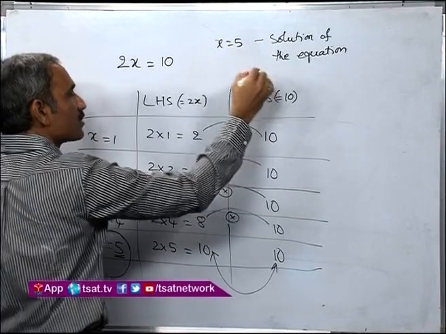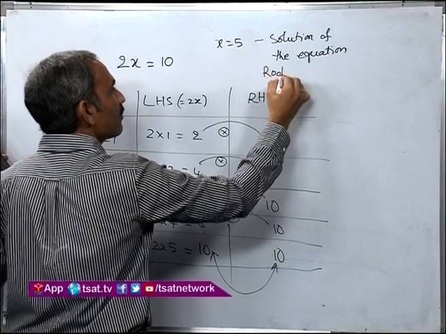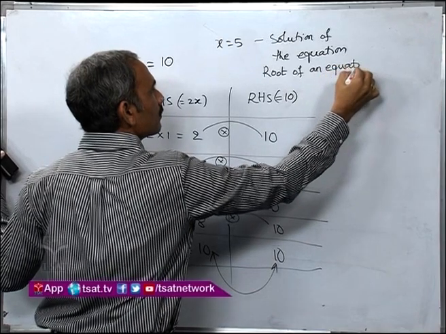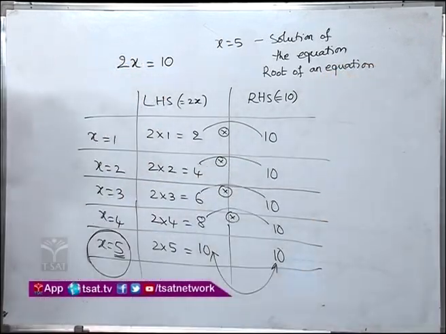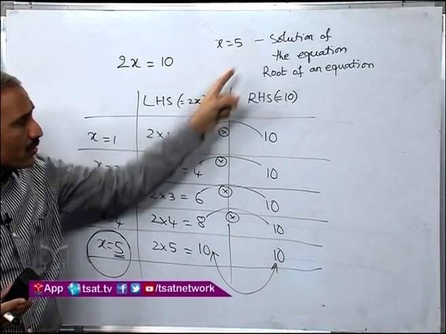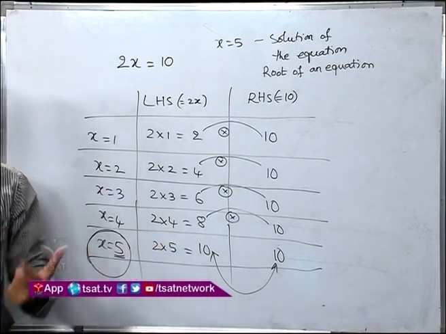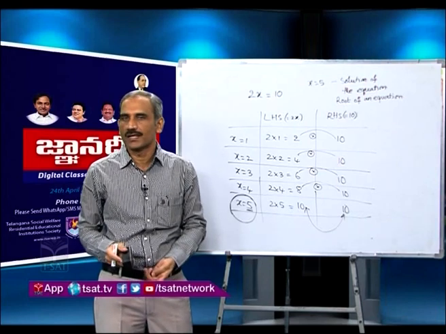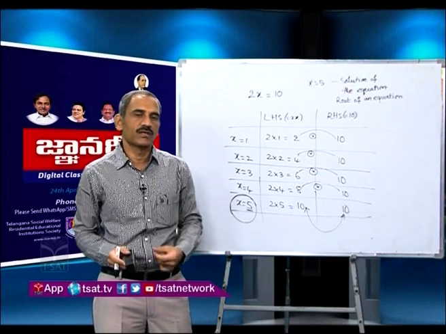Or this is also called the root of an equation. Both are the same. Right. Finding the solution like this is known as solving the equation. That is what we have in the title, solving of simple equations.